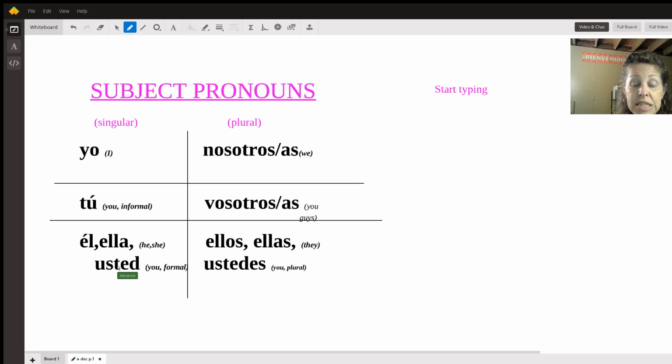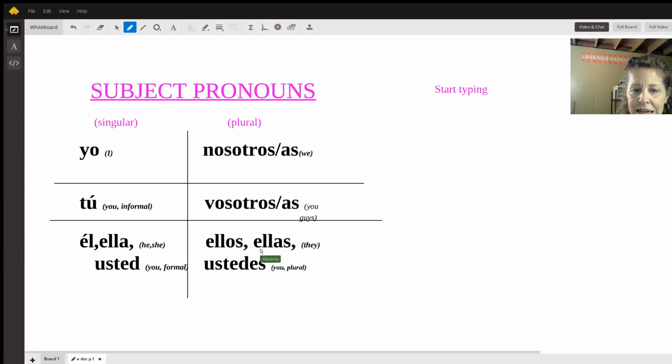We have usted for the you that you are going to use with anyone older than you who is not one of your parents or a very close family member. It's a way of showing respect, and it is considered to be formal. Él is he. Ella is she.